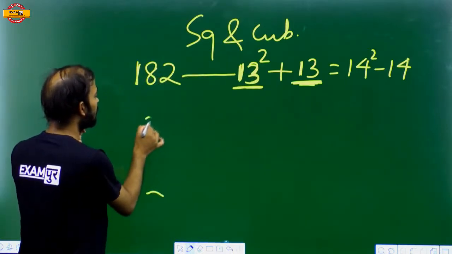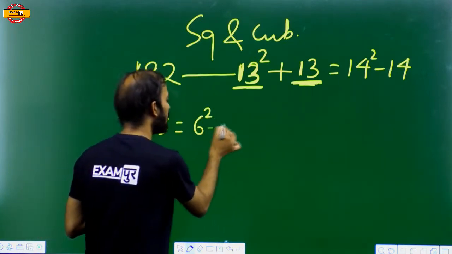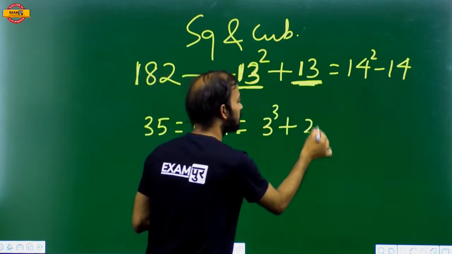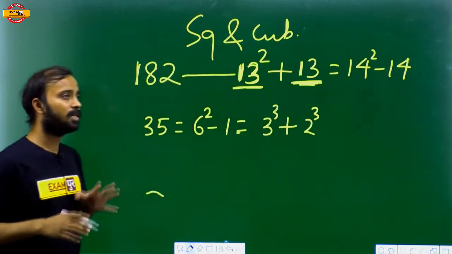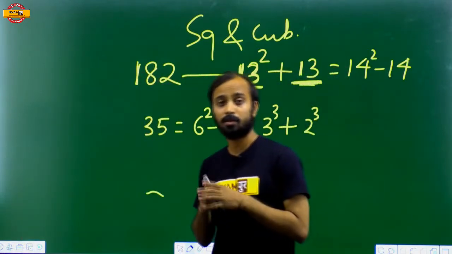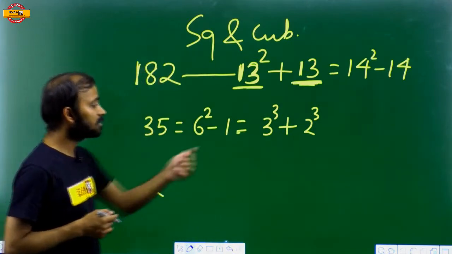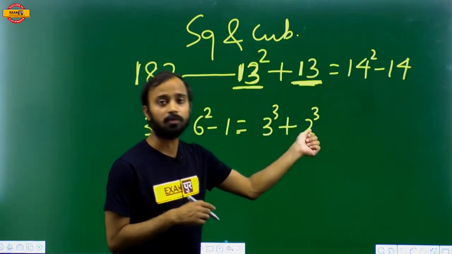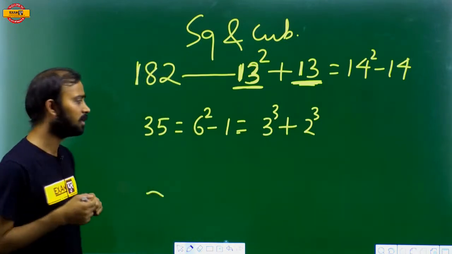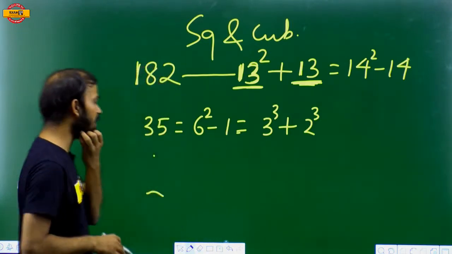Like 35: can we represent 35 in the form of squares and cubes? 6 square minus 1, also 3 to the power 3 plus 2 to the power 3, the cube of 3 and the cube of 2. So we can represent 35 in the form of squares and cubes.